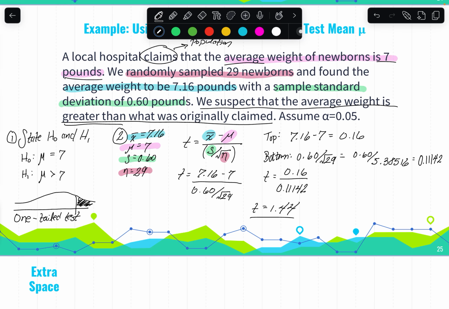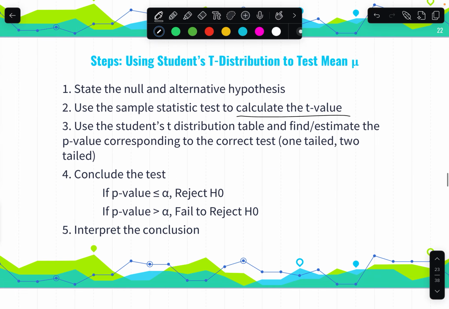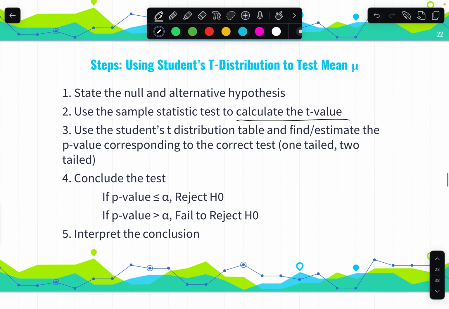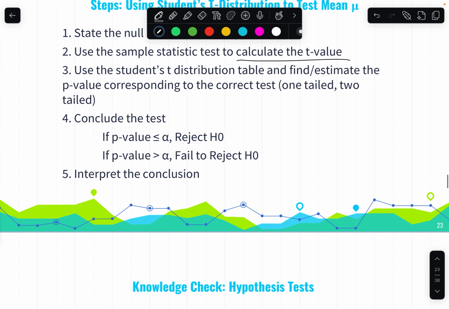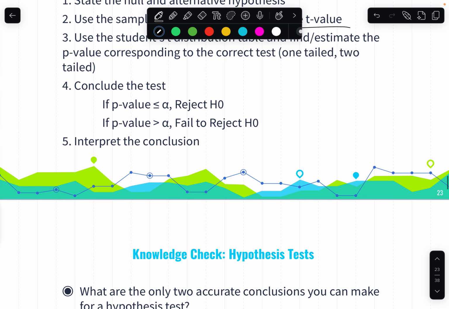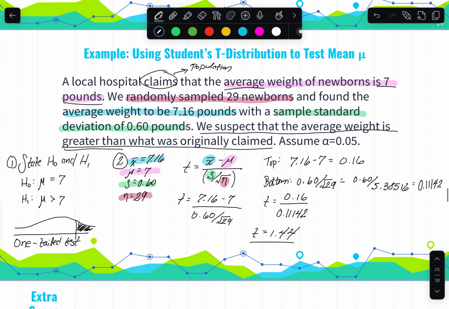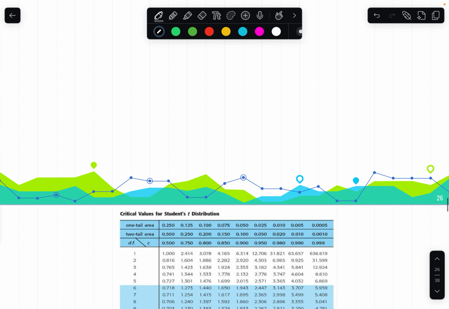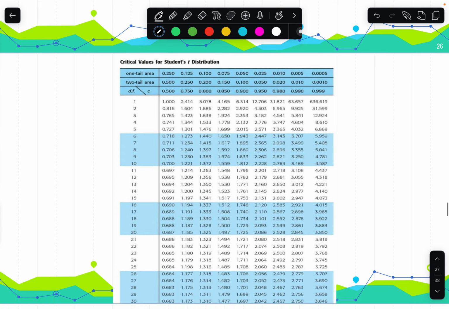Perfect. The next step is to use the student's t-distribution table to find and estimate the p-value corresponding to the correct test. Here is where we deviate a little bit. We have a t-value of 1.44, and we're working with a sample size of 29.